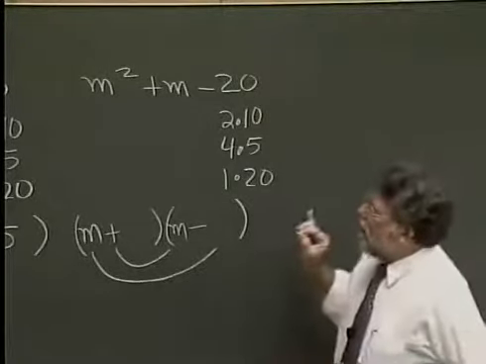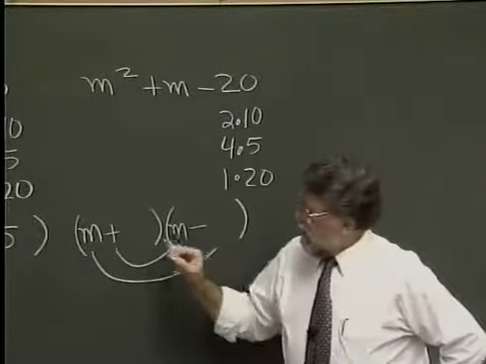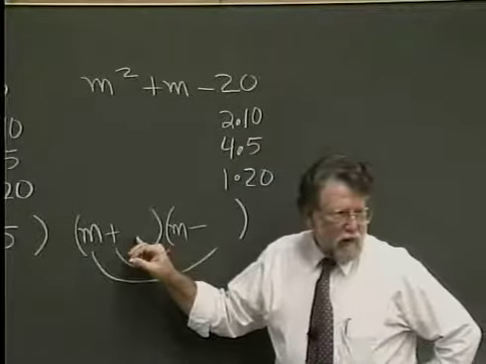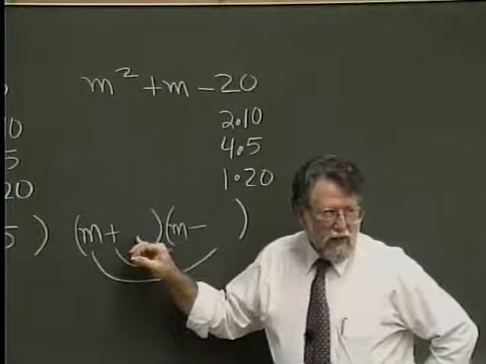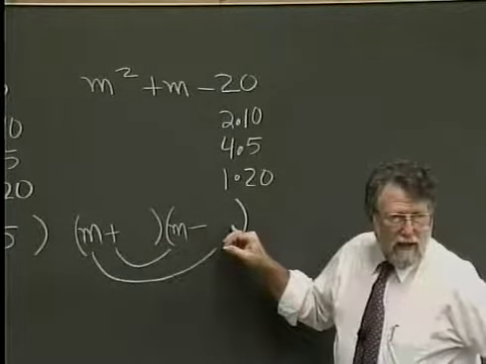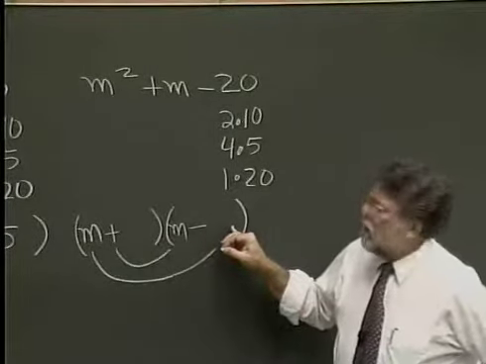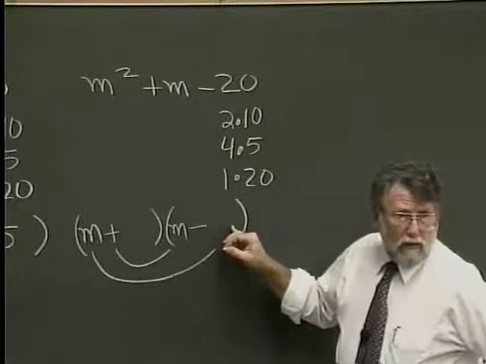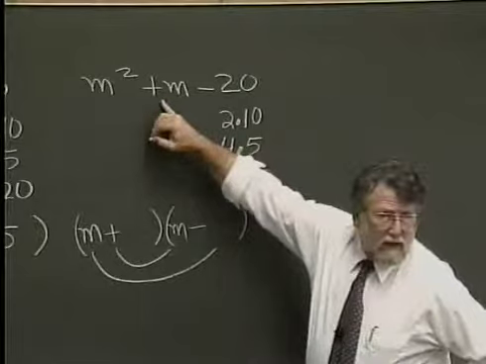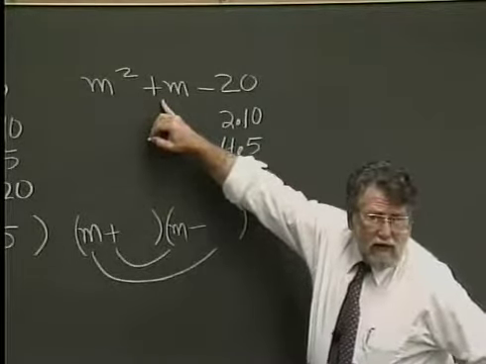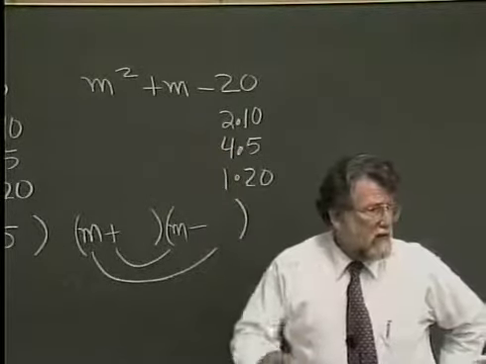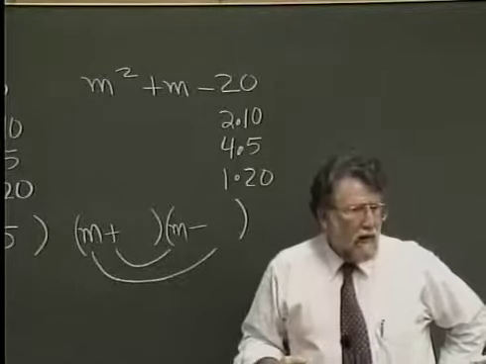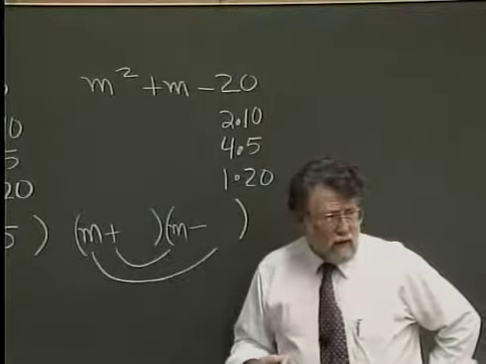That's okay, but now be cautious. I have two choices. I can put the 4 with the plus sign, or I can put the 4 with the negative sign. So the question, what dictates where I put that 4? The plus 1m. The positive product must be, in absolute value, larger than the negative product.